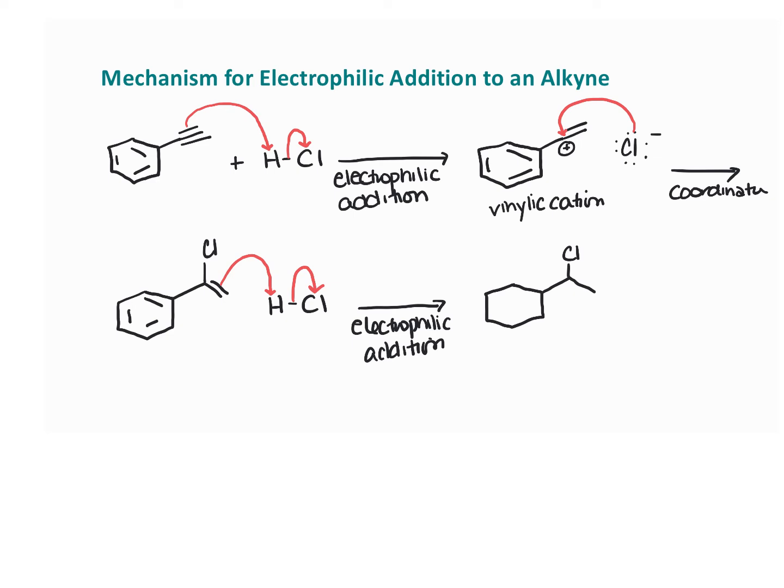What you're going to find here is that this guy is resonance stabilized. There is a positive charge, and I'm just going to show the resonance structure down like this.